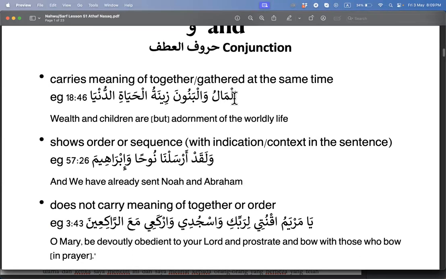Yes, very good. And then zinatu is the khabar. So what this means is this is together: both the wealth and children are adornment of the worldly life. Both of them have the same khabar, basically. Or if it's an action, then both of them are doing the action.